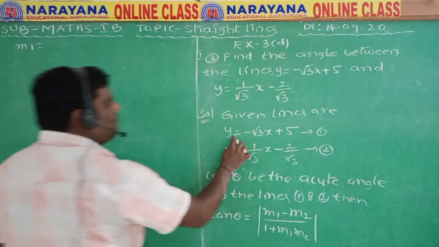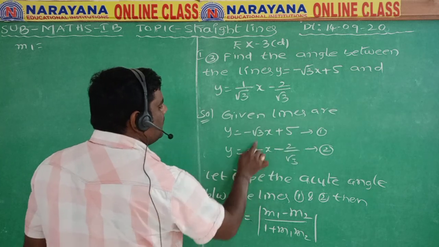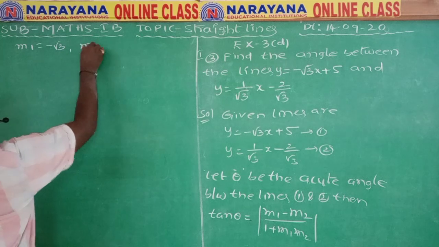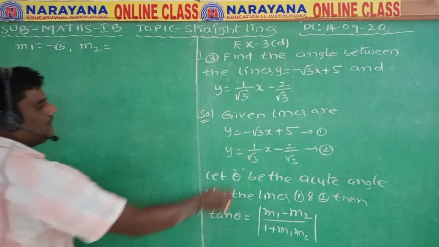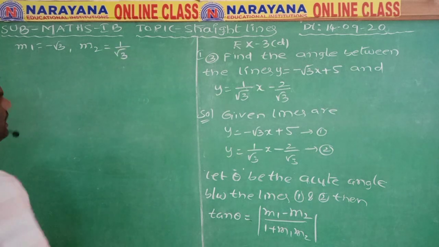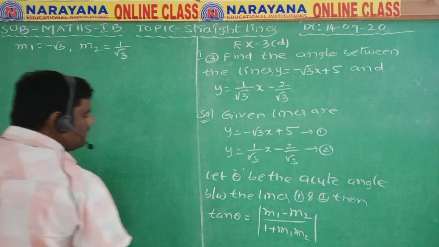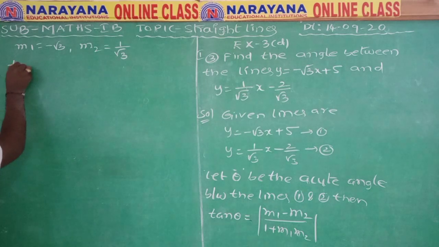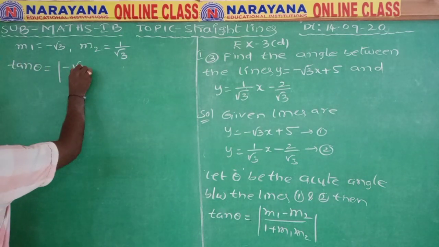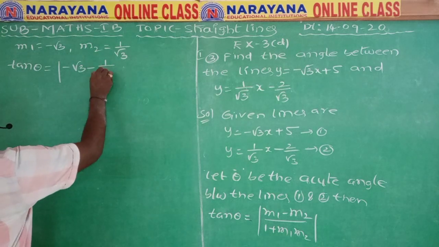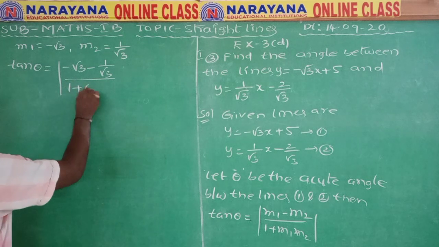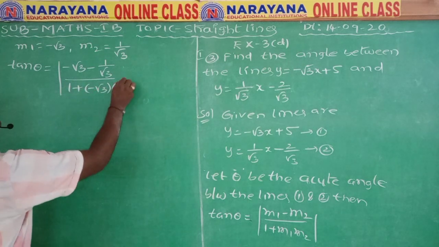It is in the form y = m1x + c1, so m1 is minus root 3 and m2 is 1 by root 3. Therefore, substituting the m1, m2 values in tan theta, we get tan theta = (m1 - m2) / (1 + m1 m2).